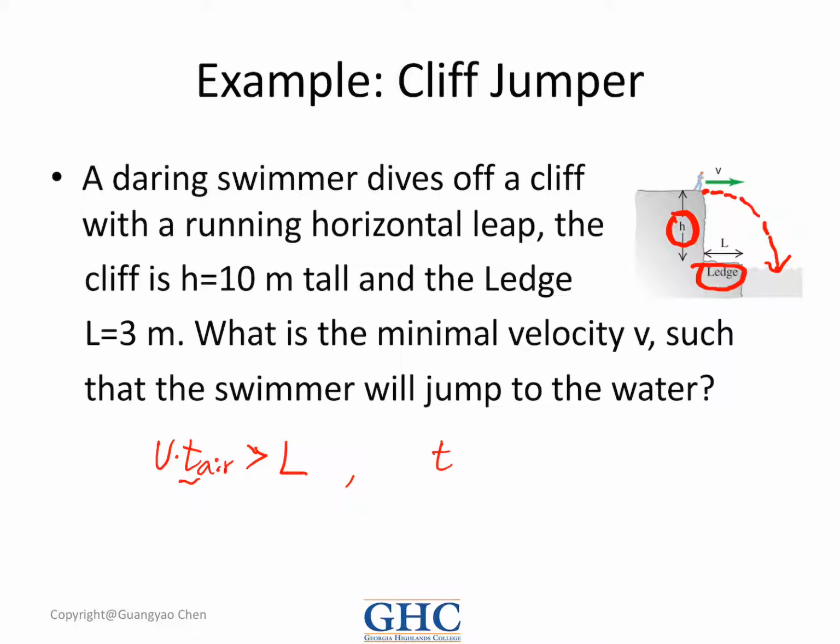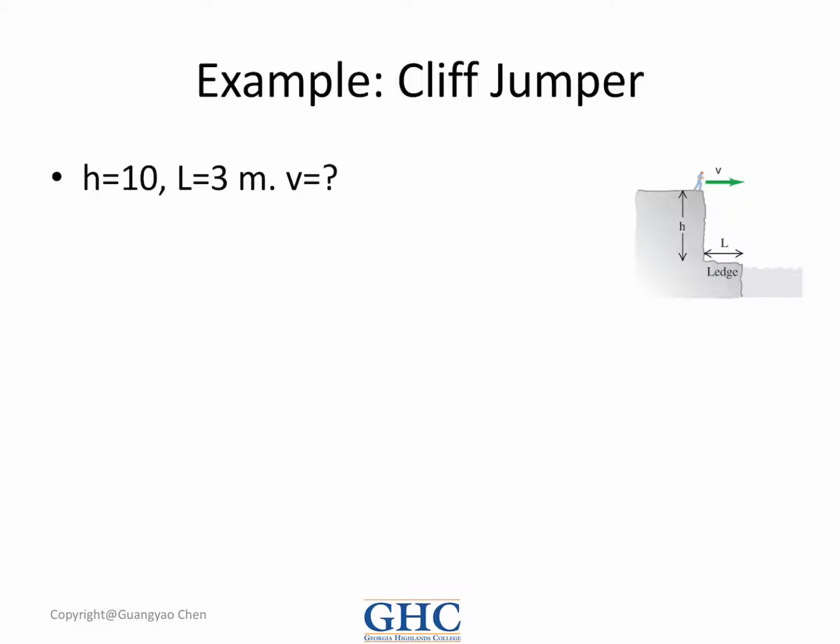So we solve for t in the y direction and then we use this one. So velocity has to be greater than or equal to L over the time that he is flying in the air. Whatever this equal sign is, that gives you the minimum velocity. And let's see how we are going to solve for the time that he is flying in the air.